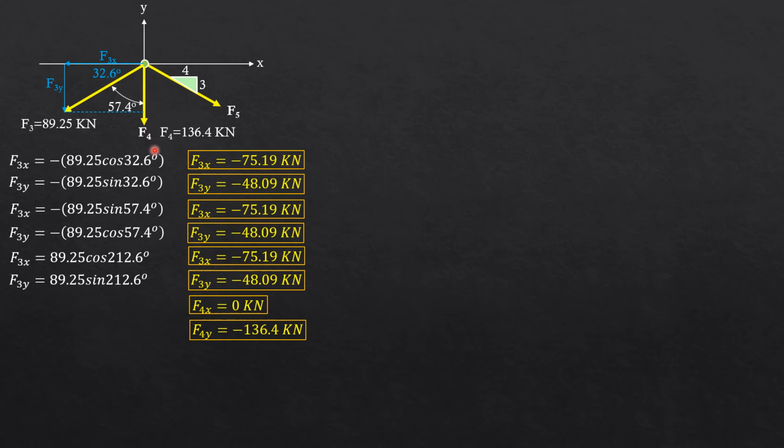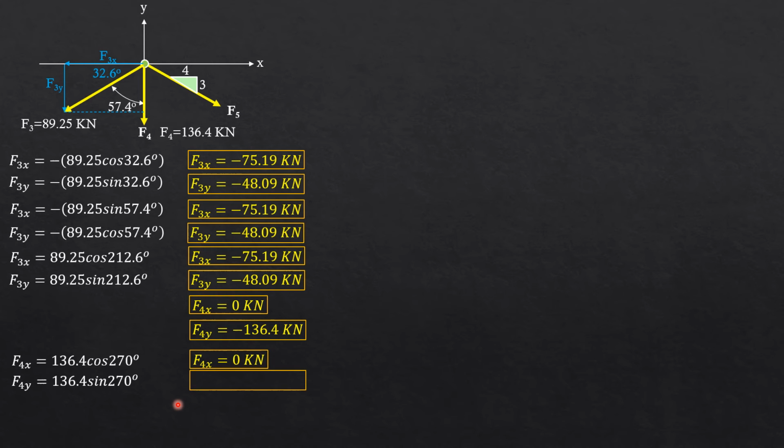So therefore, F4x is 136.4 cosine of 270 degrees. So it is 0. Then F4y is 136.4 sine of 270 degrees. And therefore, it is negative 136.4 kilonewtons.